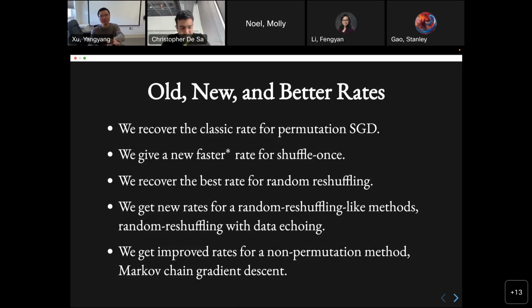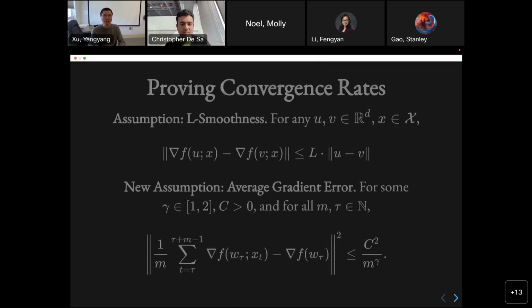So you listed several methods here, right? For all these permutation or shuffle once or even this Markov chain gradient descent, all this kind of sampling method will satisfy your average gradient error bound? Yeah, basically, yes. And it's because this is a very generic bound.